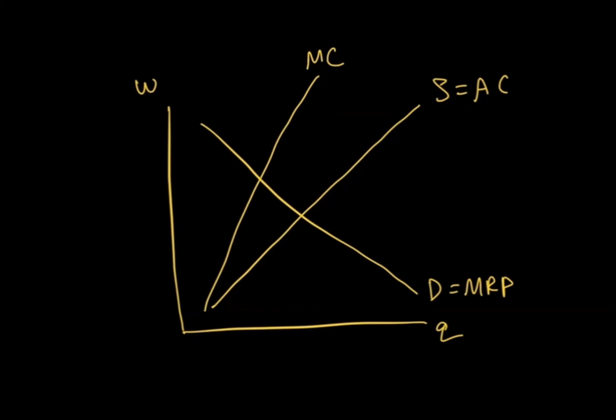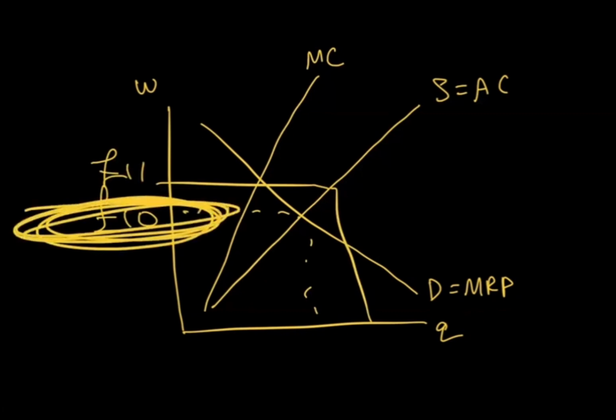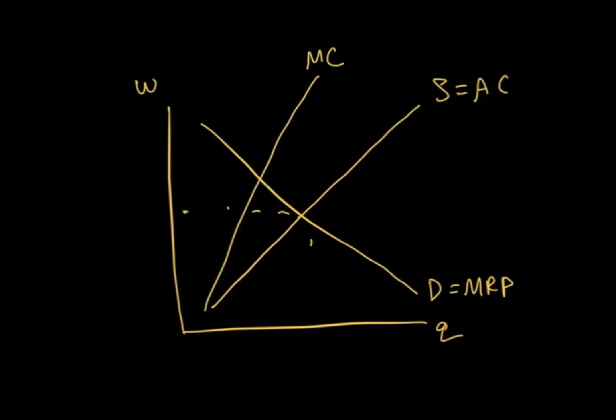So the cost of hiring an extra worker: let's just say we're here. If I want to hire more workers at £11, it's unfair to pay these guys £10. So my marginal cost is not 11, it's 11 plus hiring all the other guys at £1 extra, because we can't cheat and just pay different people different amounts for the same job. So marginal cost increases a lot every time you hire an extra worker.